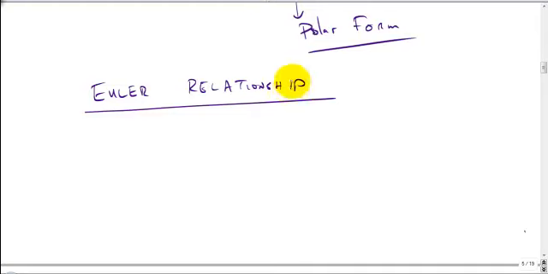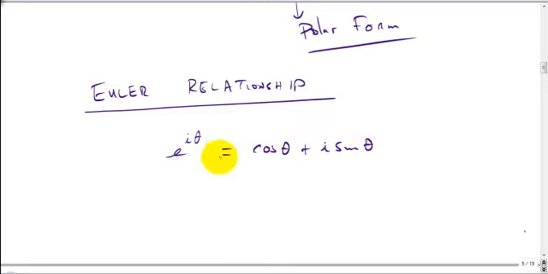Now, Euler was a famous mathematician, and what he showed, and it's a very important equation in mathematics, and it's also highly relevant to chemistry, is that e to the i theta, where i is our square root of minus 1, is equal to cosine of theta plus i sine of theta.